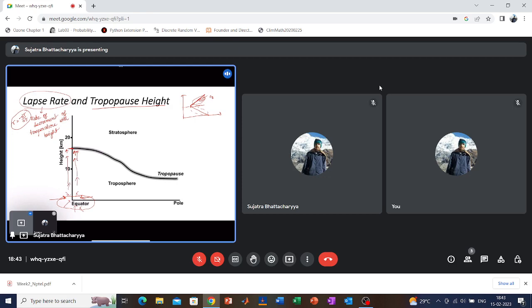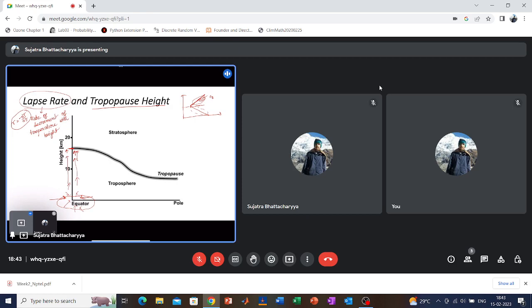But as you go towards the poles, this mechanism becomes weak compared to the tropics. That's why the tropopause height decreases.